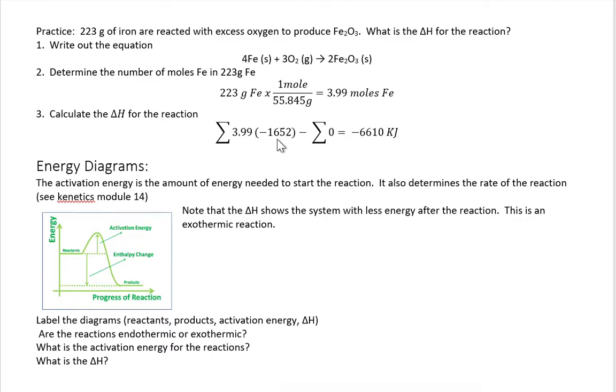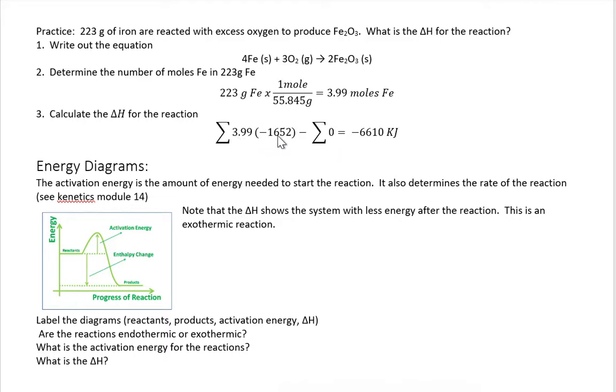It was negative 822, but I have 2 of those. So each one of those is negative 822, and 2 times negative 822, I come up with negative 1652. And I'm going to subtract from that the enthalpies of formation of my reactants. And like I said, neither of these has any numerical value. They're both 0.